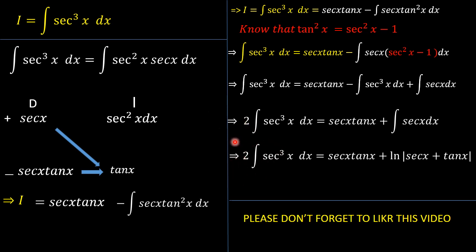We are going to isolate the 2 by multiplying all by 1/2 or dividing by 2. So if we do that, we are simply going to have our answer, where the integral of sec cube x dx equals 1/2 sec x tan x plus 1/2 natural log of the absolute value of sec x plus tan x plus c. So guys, this is the answer to our problem.